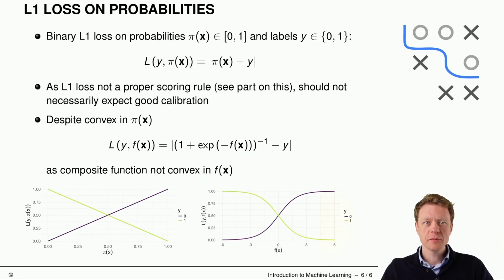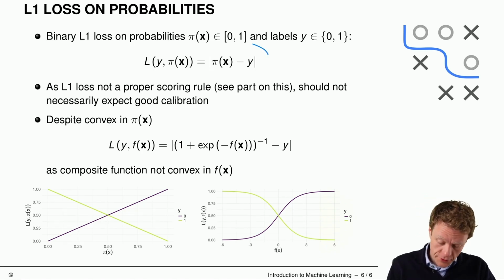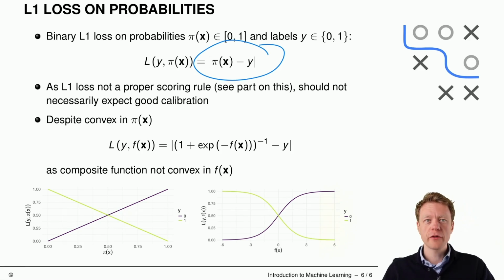Okay, as last part here, we can look at the L1-Loss and ask ourselves if we can use that L1-Loss on probabilities as we did for the L2-Loss. First, the definition: it's again the absolute value of the difference between the predicted probability and the true target.